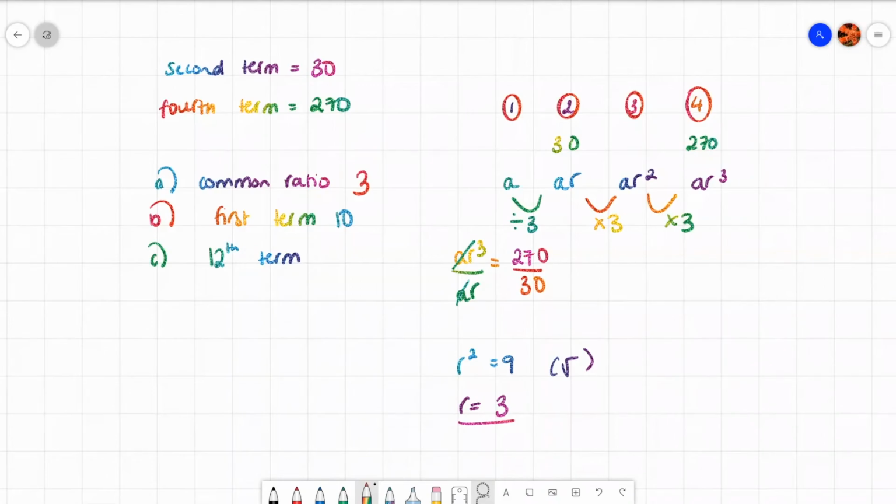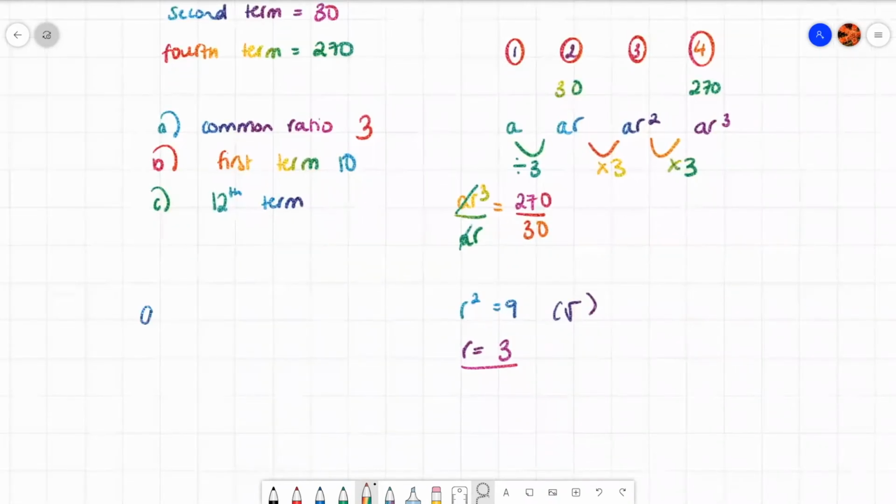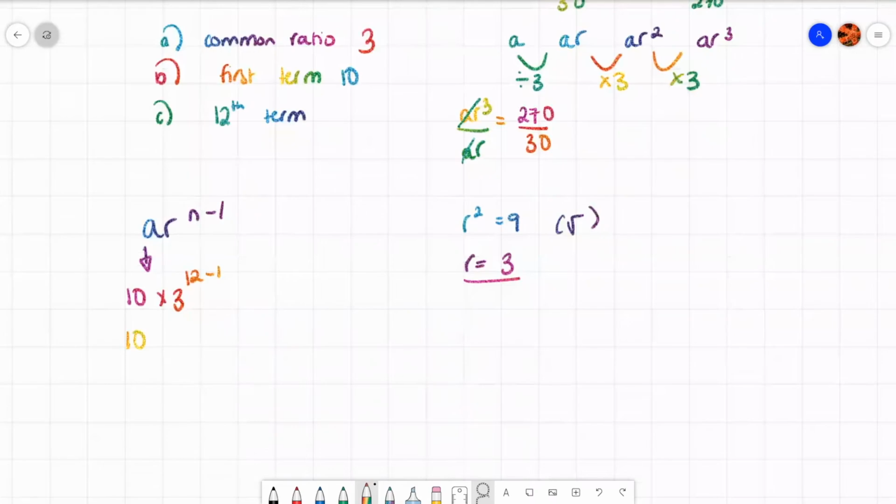Okay, so then I want to work out the 12th term in my pattern. So I know my formula is AR to the n minus 1. A is my first number, which is 10. My ratio was 3, to the power of 12 take 1. That's 10 times 3 to the power of 11.